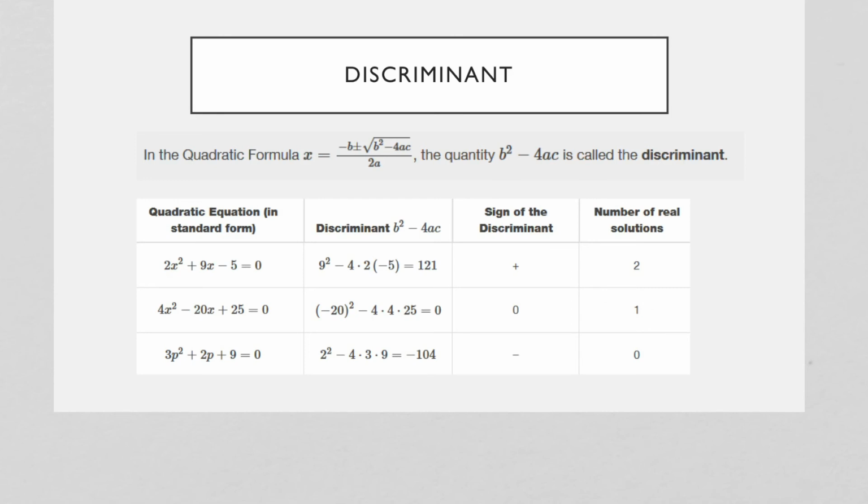And whenever we did the discriminant, which is what's under the radical, and we got a negative number, we didn't have any real solutions, okay? Because we can't take the square root of a negative number. So that's hopefully something that makes a lot of sense to you right now. You're like, oh, yeah, no kidding. When it was positive, we got two solutions. When it was 0, we only got one solution. When it was negative, we got 0 real solutions, okay? So this actually has a very special meaning. It's called the discriminant.